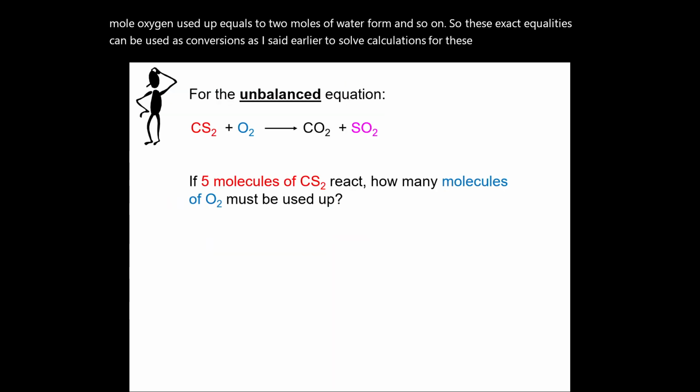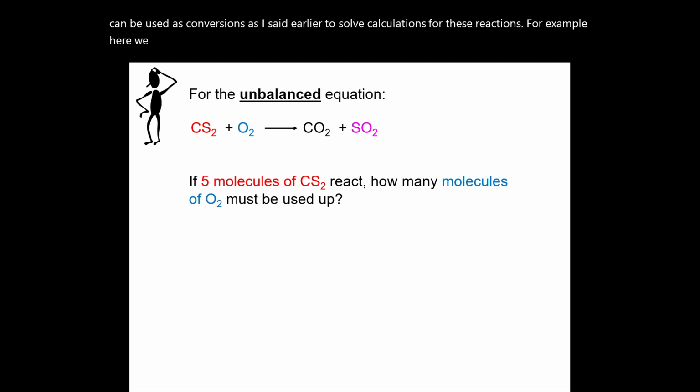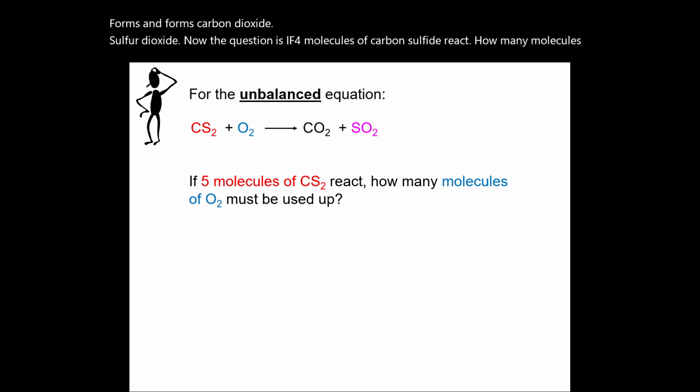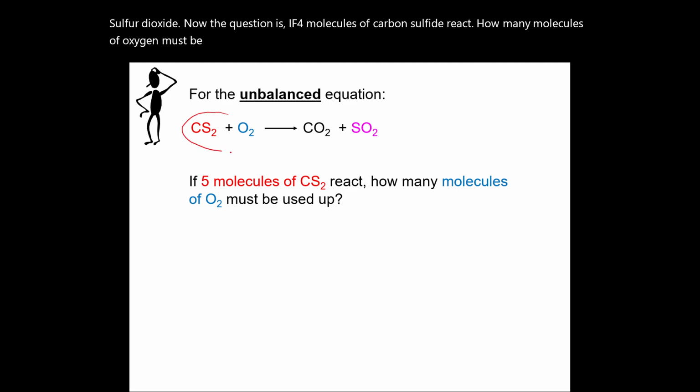For example, here carbon disulfide reacts with oxygen and forms carbon dioxide and sulfur dioxide. Now the question is, if 5 molecules of carbon disulfide react, how many molecules of oxygen must be used up? We're dealing with these two compounds.